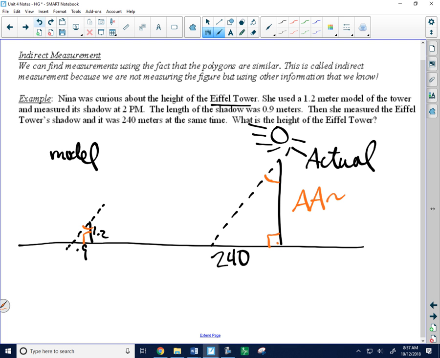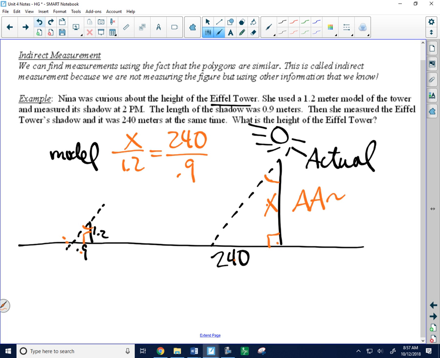We can do a ratio or proportion. So let me call this one x, the actual height. We can do a proportion such as x over 1.2 equals 240 over 0.9.